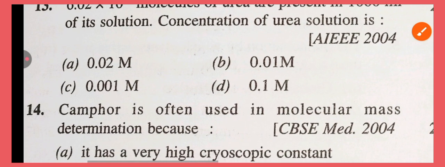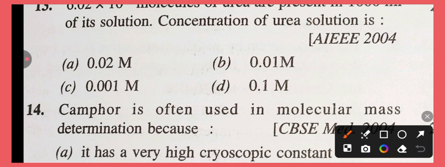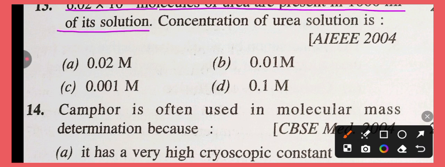Question number 13. Let's read the question. 0.02 into 10 to power 20 molecules of urea are present in 1000 ml of its solution. The concentration of urea solution means moles of solute present in 1 liter volume of solution. Simple. Here first we need to calculate the number of moles. The number of moles is the number of particles divided by Na.